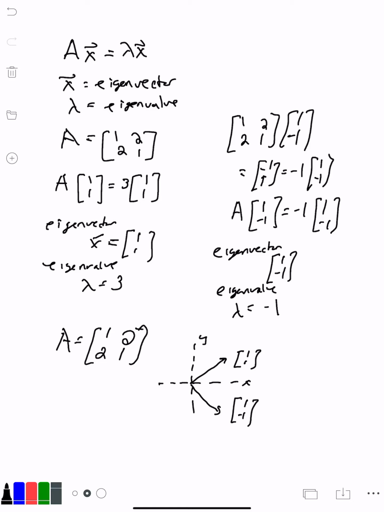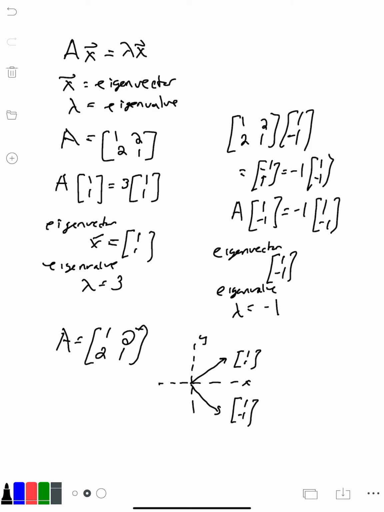Okay, so this is the idea of what it is, but 5.1 doesn't really tell you how to find these things. I kind of just told you to try them, and they worked. But when we go into 5.2 next, I'm going to show you the methods by which you can actually find these things that we're looking for.